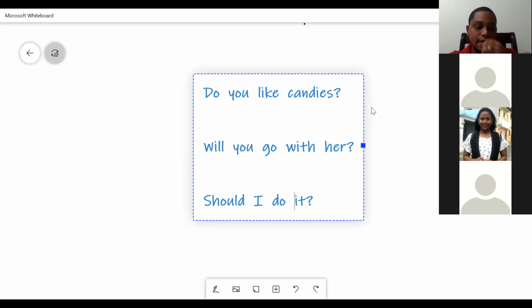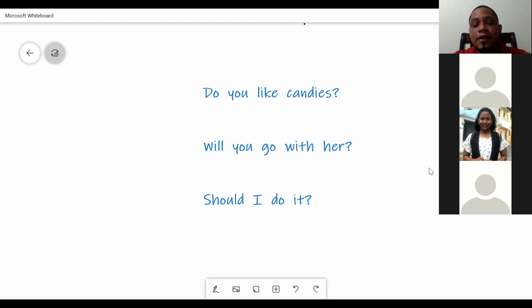So here we are. Now, this is rising intonation because of 2 reasons. They can be answered with a yes or a no, and all of them are made up with auxiliaries. You see, do, will, should. All of them are auxiliaries.